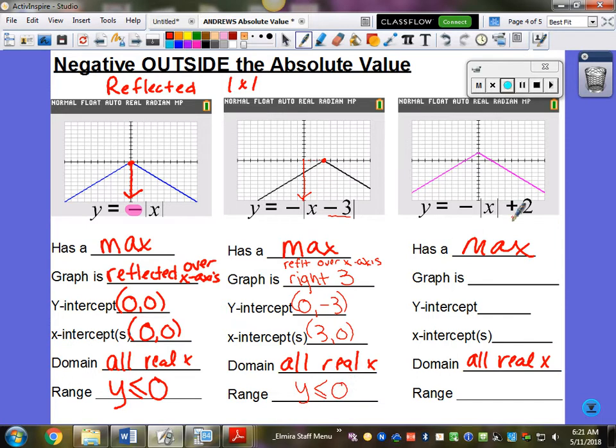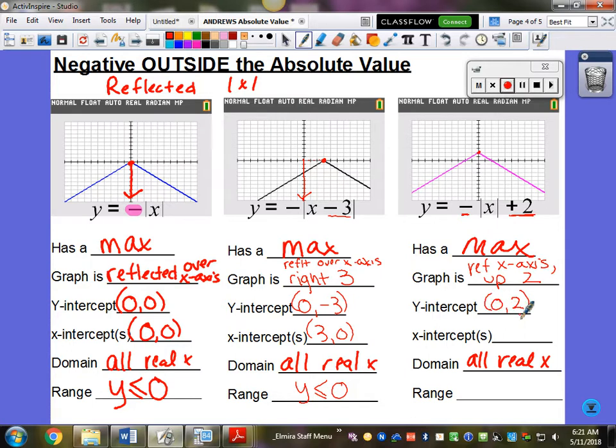Lastly, we now have a +2 in addition to our negative. So reflect over the x-axis, and the +2 is on the outside, so I went up 2. The y-intercept is right here. I can see it at 0, 2.